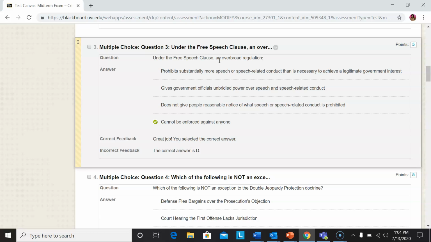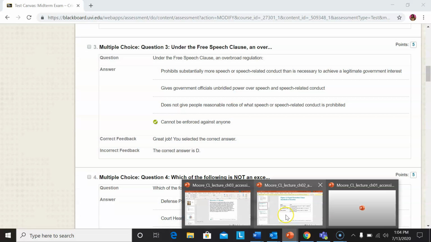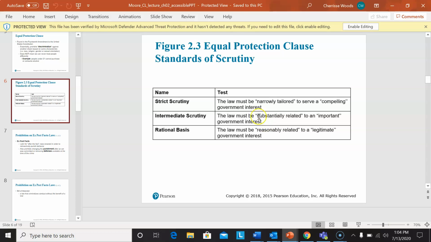However, this must be subject to strict scrutiny, and the test under strict scrutiny is the law must be narrowly tailored to serve a compelling government interest.